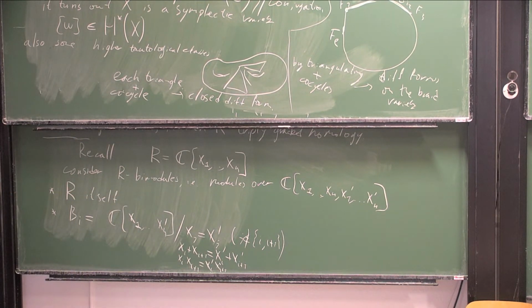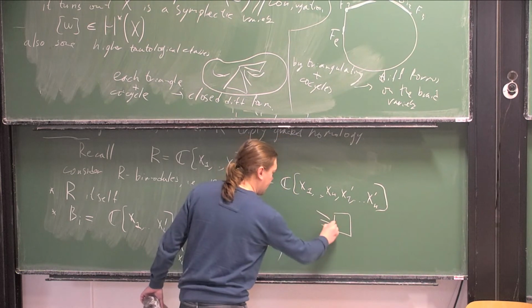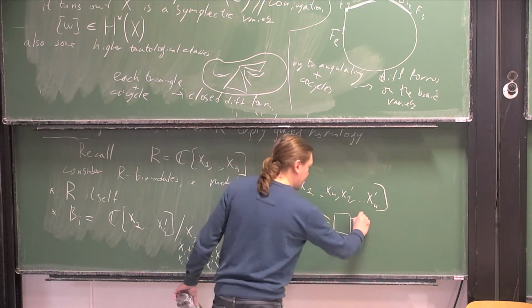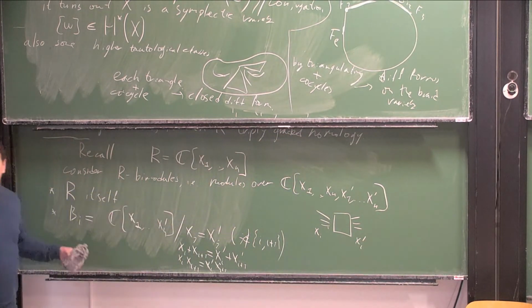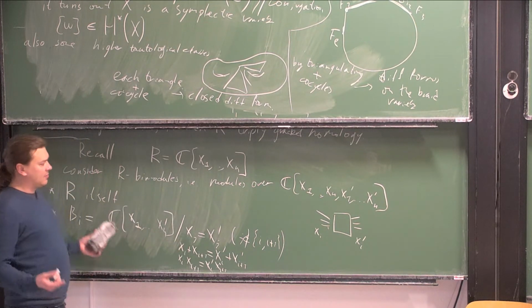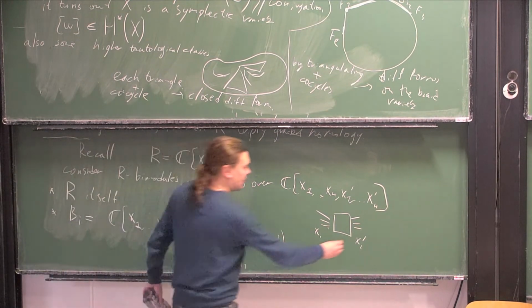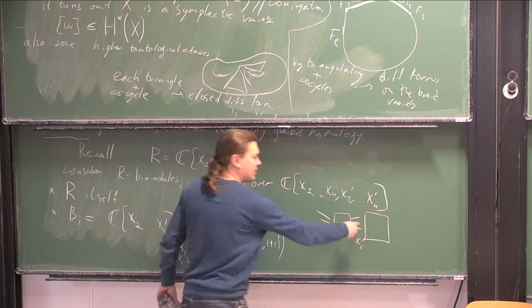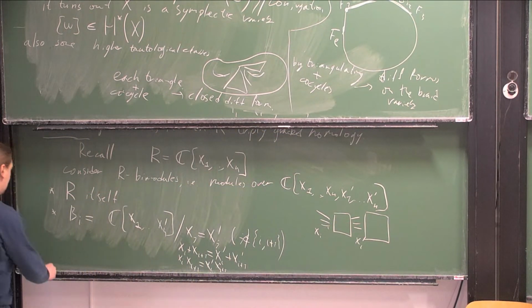Now, once you have these bimodules, there are x variables and prime variables, and you can connect them by identifying. So you tensor the modules, which means you put them together and identify the corresponding actions on the connections.